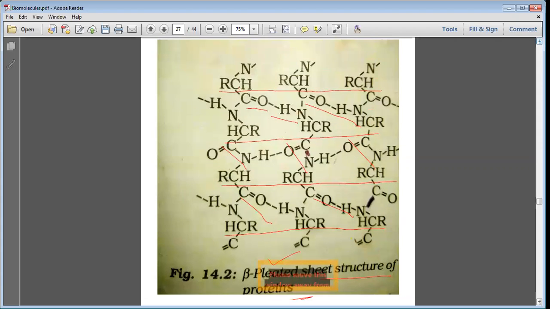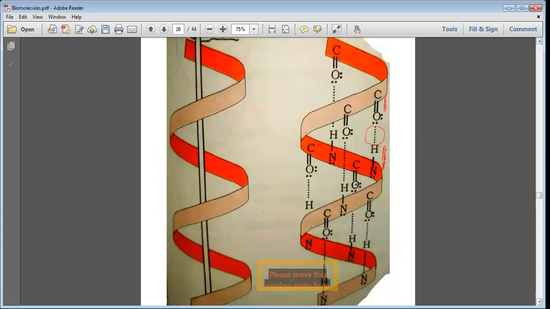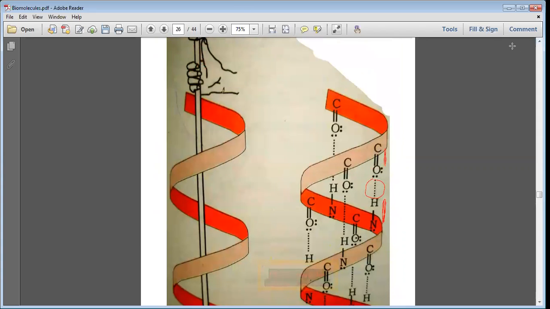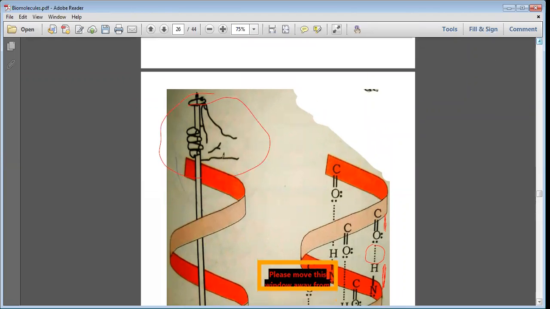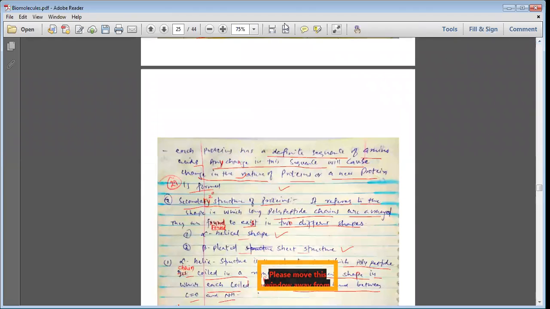Beta-pleated sheet is like drapery, and in the alpha helix the coiling takes place according to the right-hand rule. If you put your thumb upward and move the fingers of your right hand, the way your fingers move, the same kind of coiling takes place in the alpha helix, and that is why it is known as the right-handed helix.